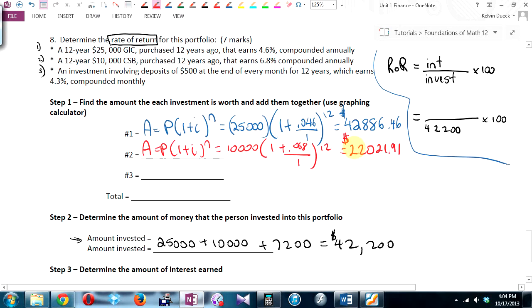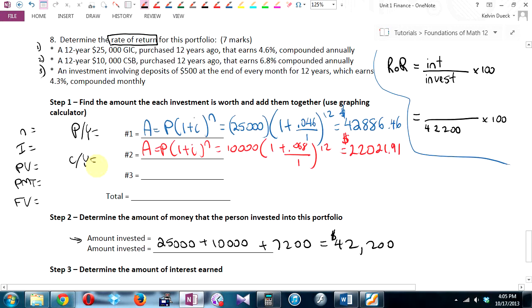The third one, payments. This is where I have to use a graphing calculator. I'm going to try and fit it in really small here: N equals, I equals, PV equals, PMT equals, FV equals, PY equals, CY equals. What's N? How many years?